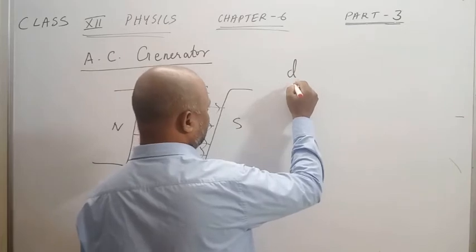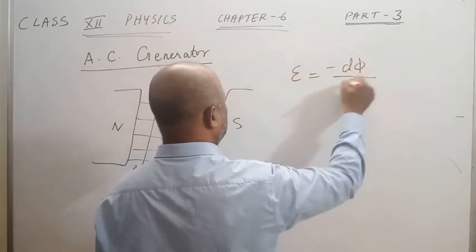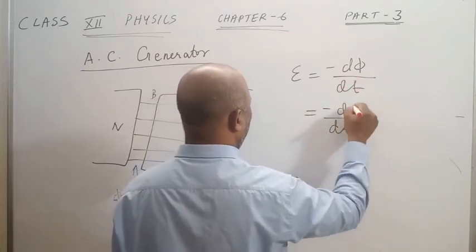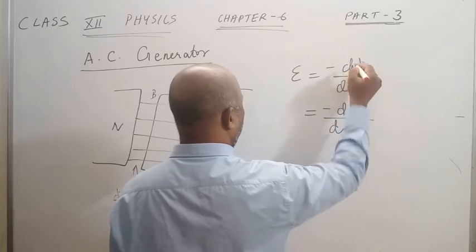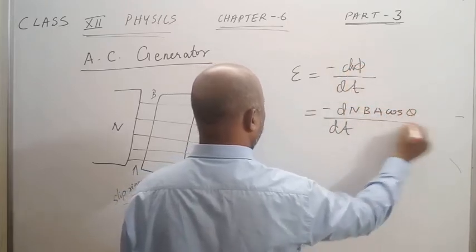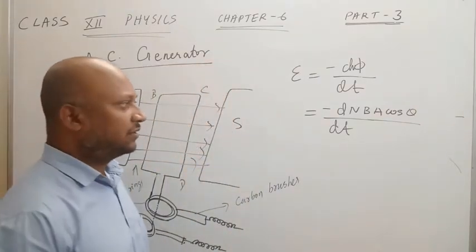Because we know that EMF is equal to the rate of change of flux. And what is the flux here? The formula of flux phi is B dot A, so BA cos theta, that's the formula. So what is changing here?